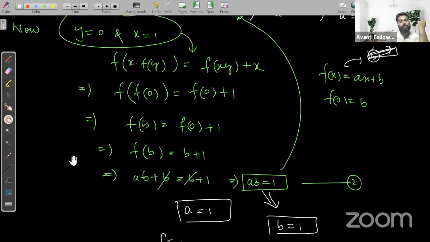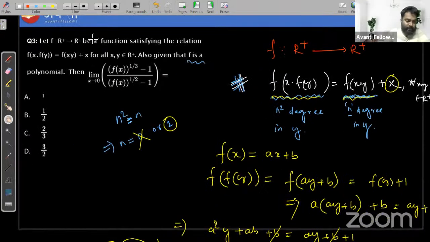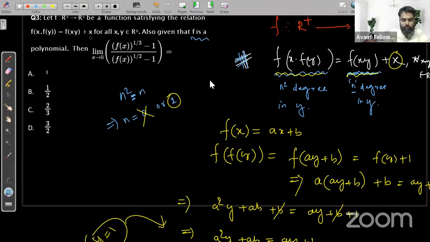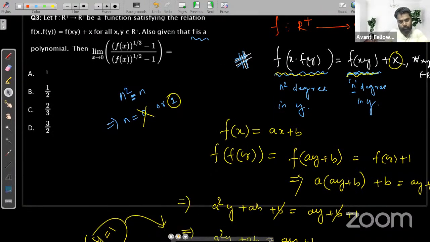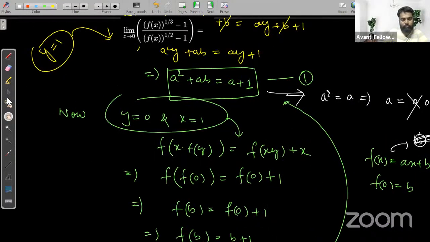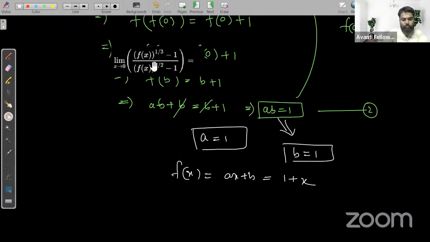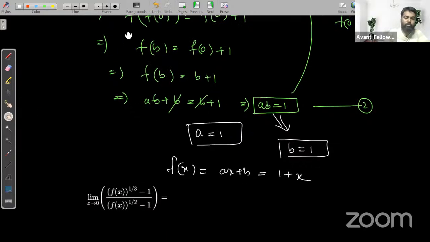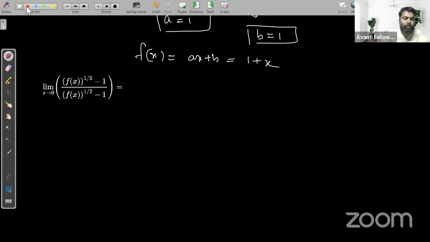It is given that, let's take this question. Already we have found that f of x is equal to 1 plus x.